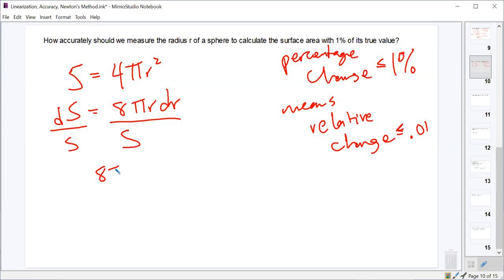So our relative change should be 8 pi r dr divided by 4 pi r squared. Everybody good with that so far?